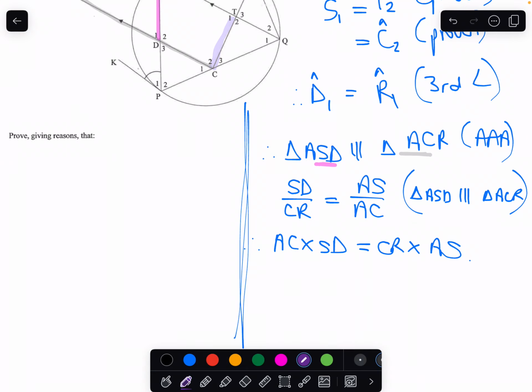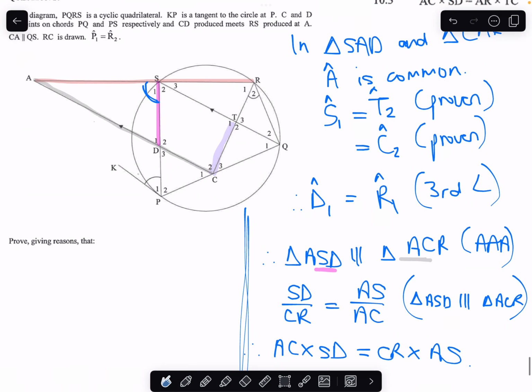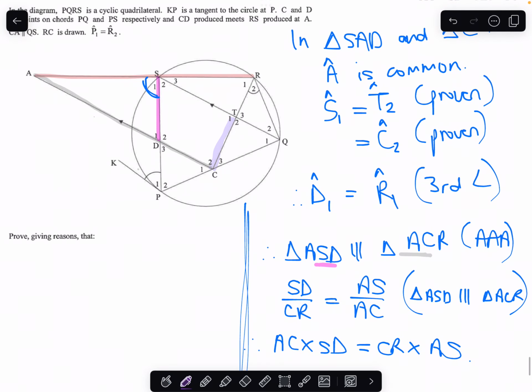Then we look at the other system of similar triangles, right? So we know from previously we showed that triangle RST is similar to triangle RAC. Okay, so here we want something about TC, but we won't get something about TC directly because we either want a side that's in here or a side that forms this triangle. So the closest we're going to get is RT.